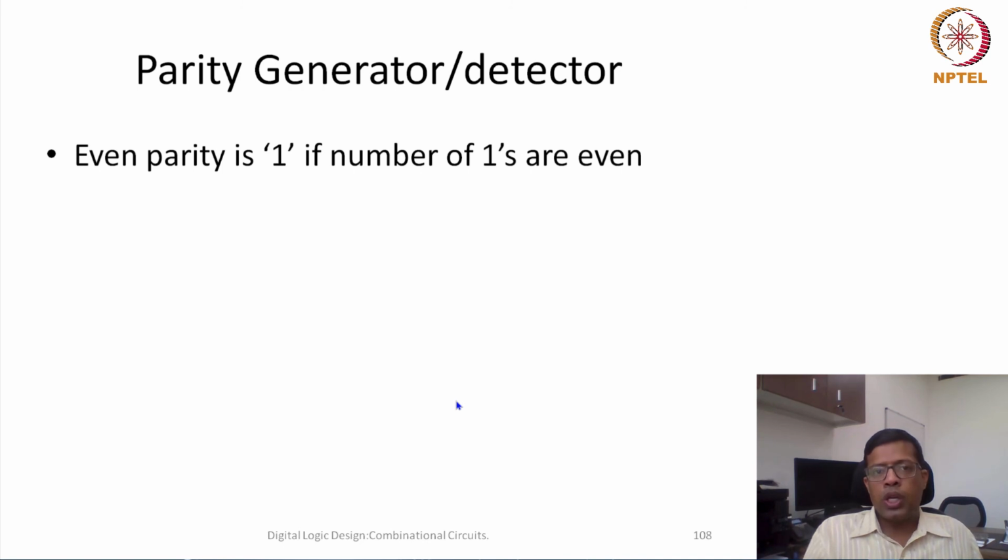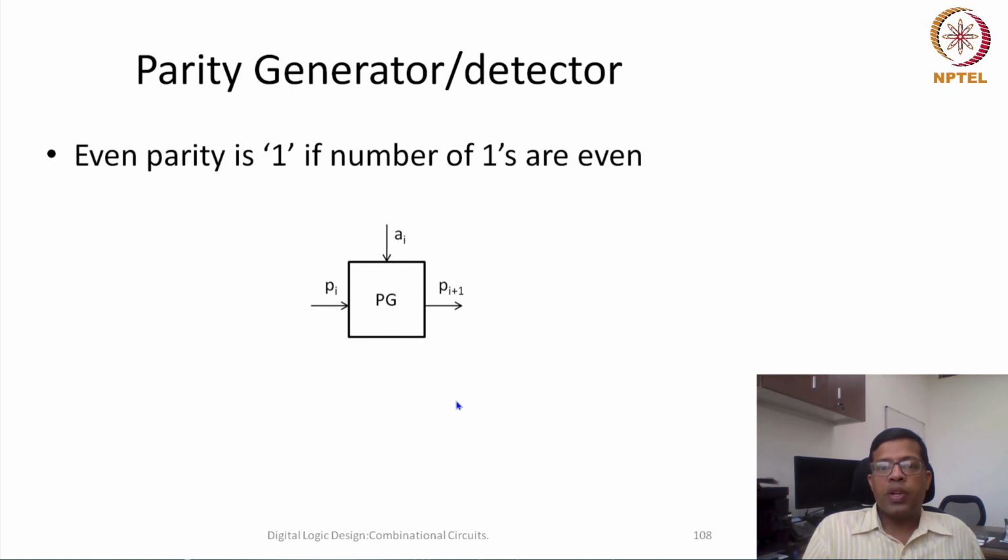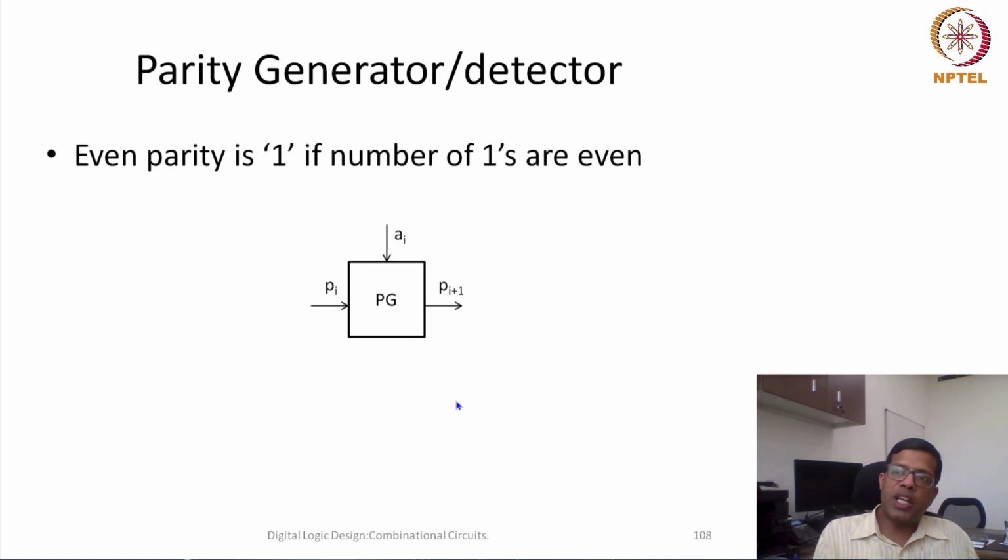Okay, so let's focus on this even parity. In this even parity, what we are doing is, if the number of ones is even, then the output is 1. Now if I want to design a parity generator or a parity detector, I can think of a design where it's also an iterative design.